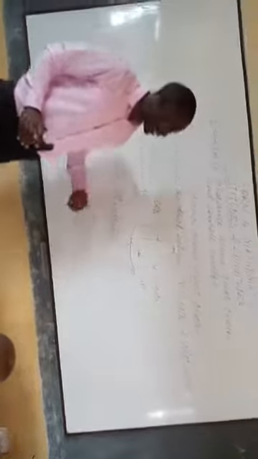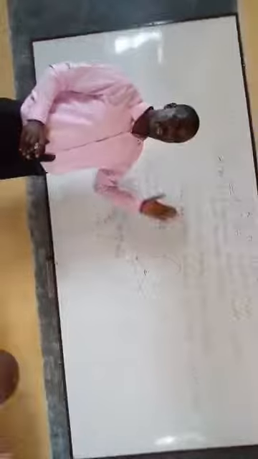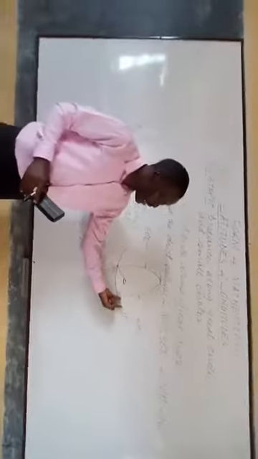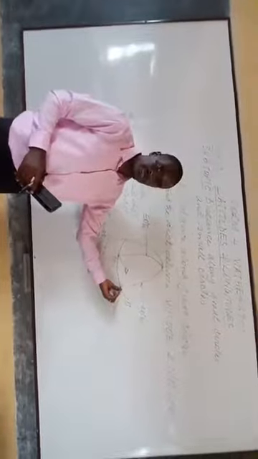Go back to the first example, we subtracted 80 minus 20 when the points lie on the same side of the Greenwich meridian. Same case, if they were lying on the west, for you to get the angle difference between the two, you would subtract the smaller value from the bigger value.